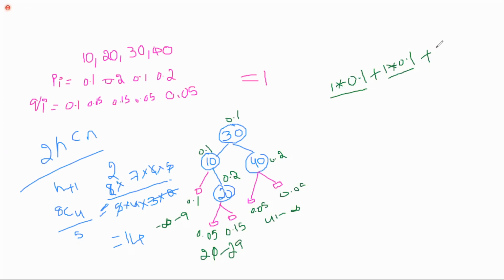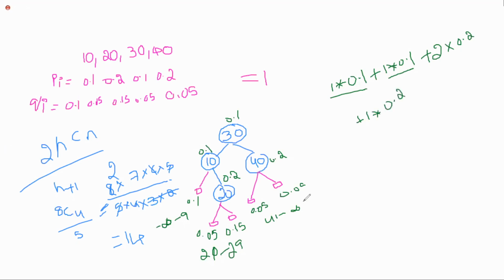Next, for 30 it will take 0 items, and 0 into 0.1 is 0 only. Next, for 20 it will take 2 items: this is the 0th one, this is the first one and this is the second one. So 2 into 0.2, plus for 40 it will take only 1 item, so 1 into 0.2.